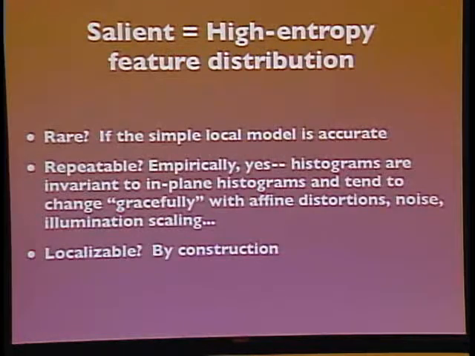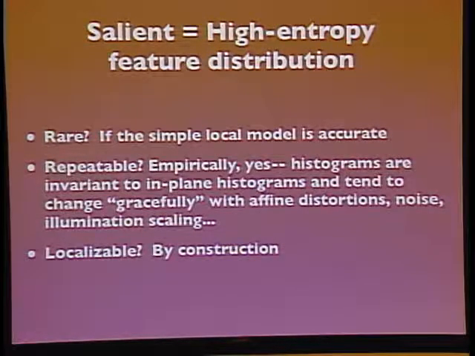So we're going to say that an image region is salient if it has a high entropy feature distribution, which is to say there is no simple story for it. Or in other words, if you don't get to look at the pixels and you had to guess for any given pixel what its color was, what its edge orientation was, etc., you wouldn't be able to guess very well.